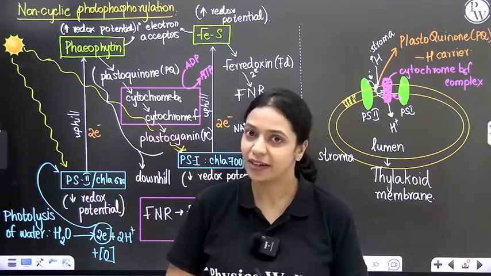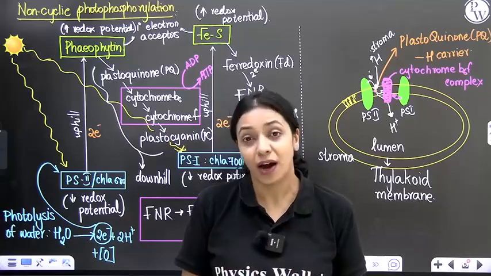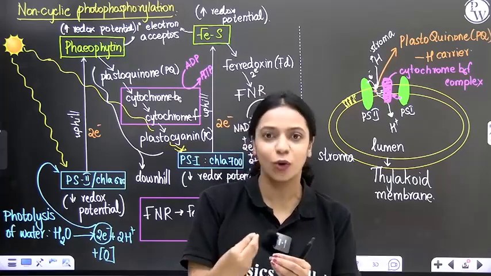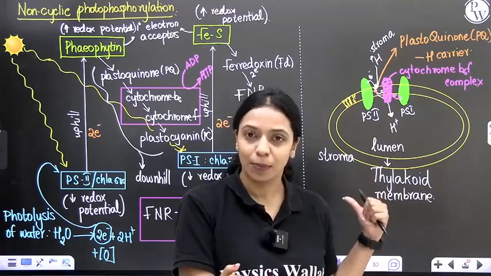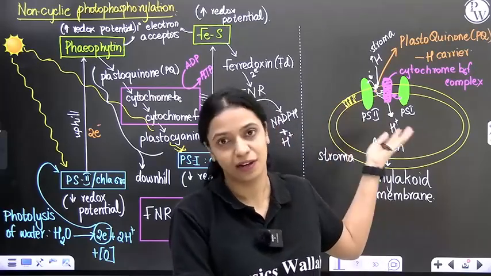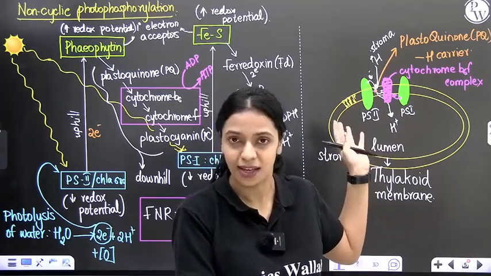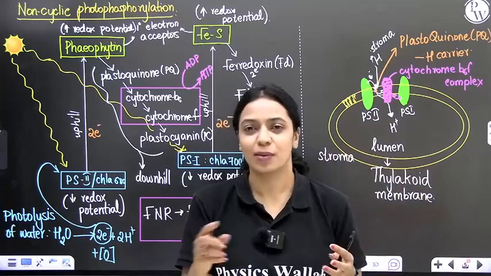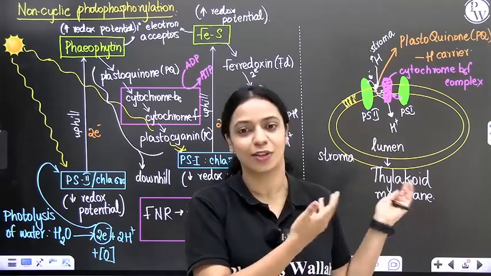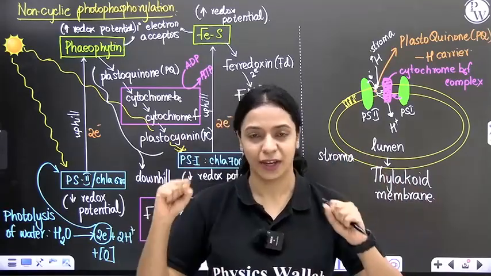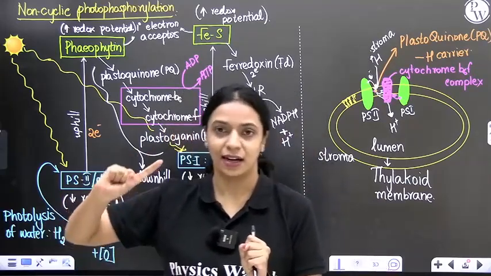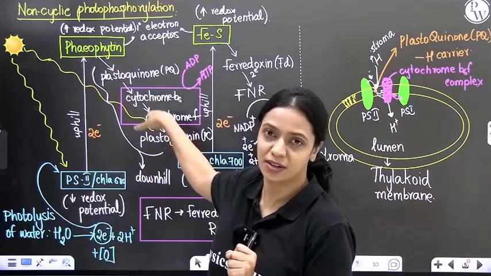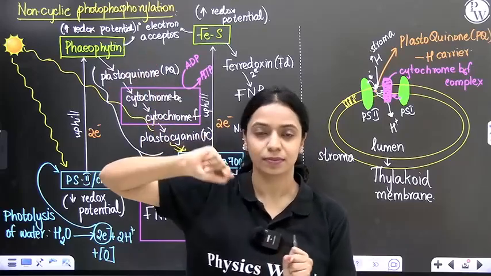Where is this pheophytin present? Pheophytin is part of the PS2 itself. It's very close to where the pigments and everything is present, so it will quickly pick it up. For PS1, there is an iron sulfur protein which we represent as FeS that will pick it up. In some books, it might be given as letter A, but it's actually an iron sulfur protein. All right. Now, let's understand how the electrons are transported from PS2.